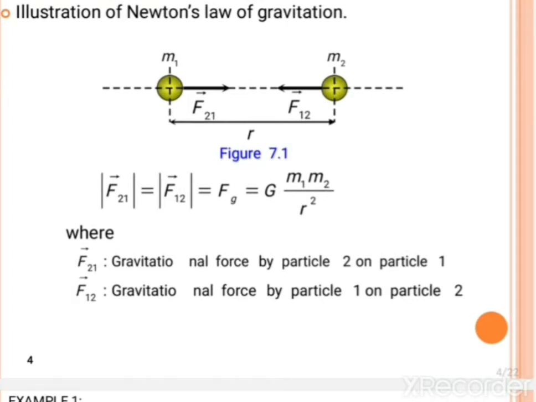If we have two particles or two objects, each particle must have its own mass, m1 and m2. Between these two particles, we will produce an attraction force, F21 and F12. These attraction forces we call gravitational forces. The value of F21 equals F12, but in the opposite direction.